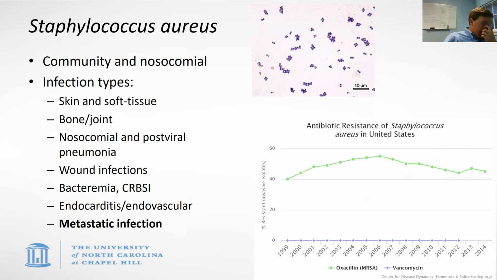There actually is kind of a good story here. This figure at the bottom right is the antibiotic resistance of Staphylococcus aureus from 1999 to 2014. And this is what percentage are resistant to oxacillin, or what percentage are MRSA. So in 1999 it's 40%. It peaks in the mid to late 2000s at between 50 and 60%.